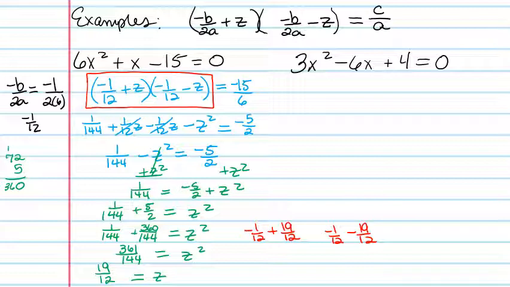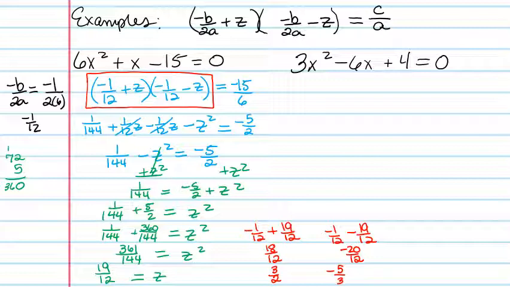Let's look and see what we get here. This gives me 18 over 12, which reduces to 3 over 2. And this gives me negative 20 over 12, which reduces to negative 5 over, brain cramp, 3.